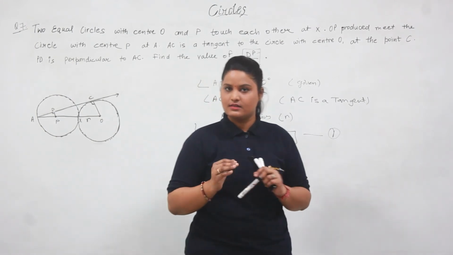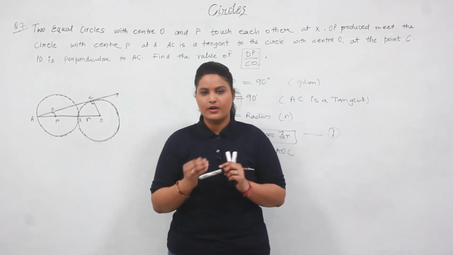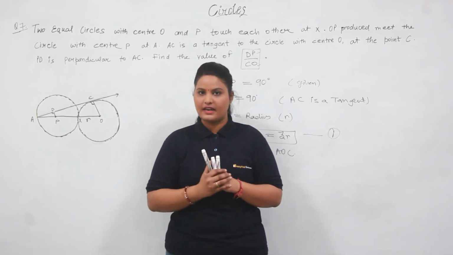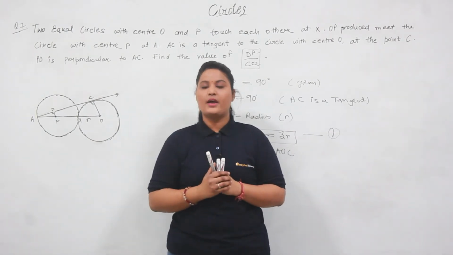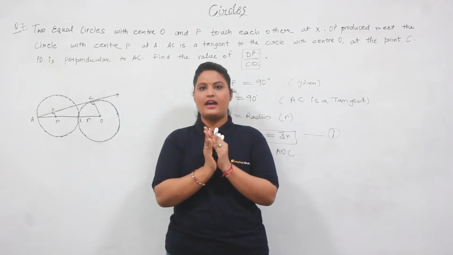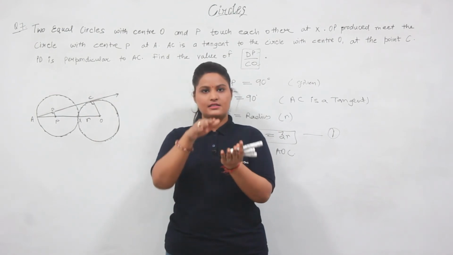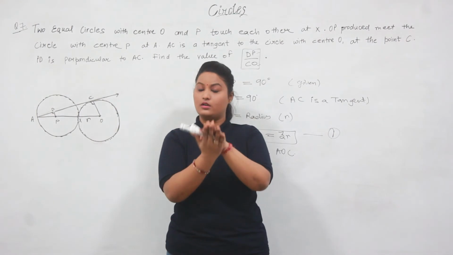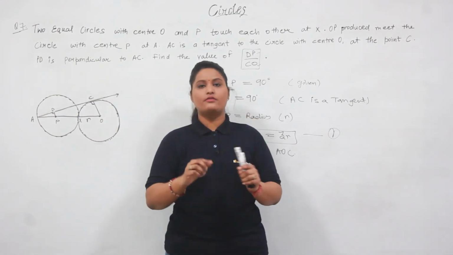This is one point above congruency. I have told you that two triangles are congruent when they completely overlap each other. If I put two triangles on each other, you will not be able to see any edges of the other triangle.